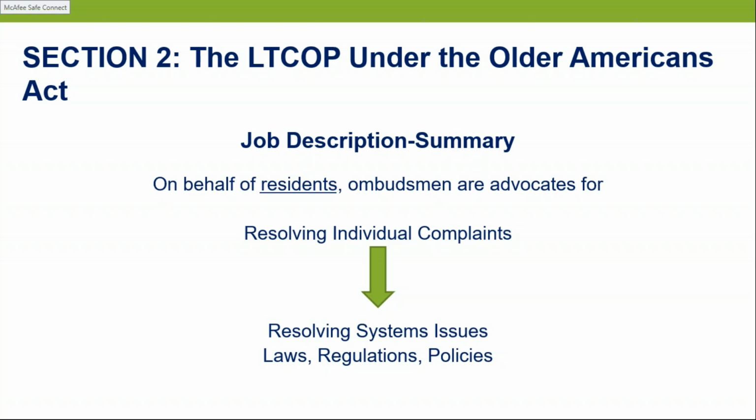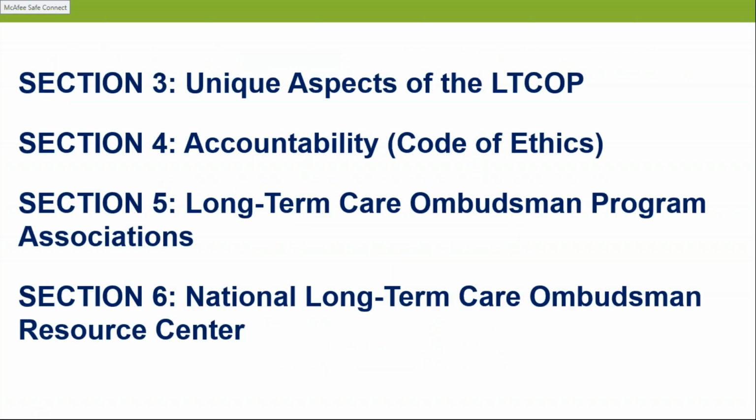We also do it as part of resolving systems issues and laws, regulations, and policies. So it's kind of a twofold thing that ombudsmen do as advocate ombudsmen: resolve individual complaints, and that sometimes leads to resolving systems issues.